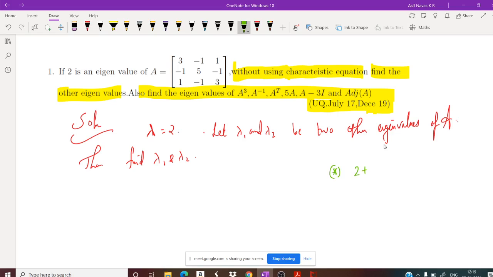That means 2 plus lambda 1 plus lambda 2 is equal to the trace. What is the trace here? 11, the sum of the diagonal. And the second property: you calculate the determinant, which is 2 into lambda 1 into lambda 2. Just calculate the determinant and tell me. You can use a calculator, or otherwise you can easily find it using the formula.